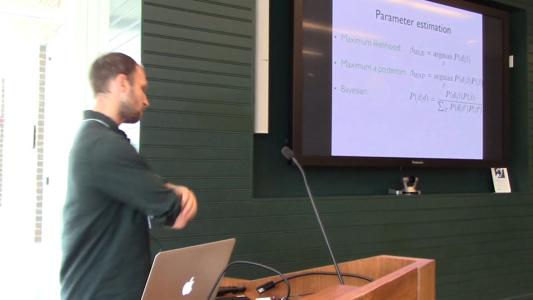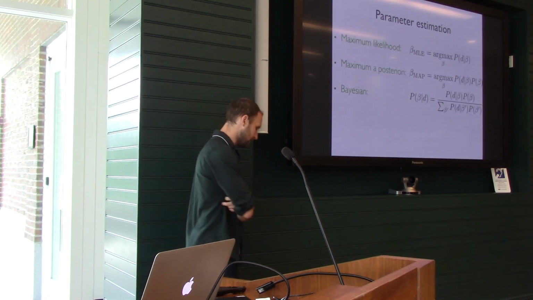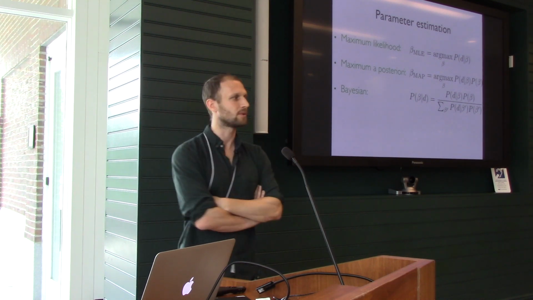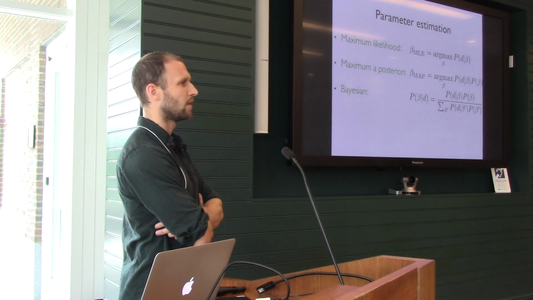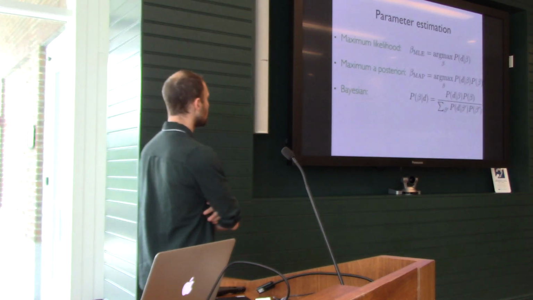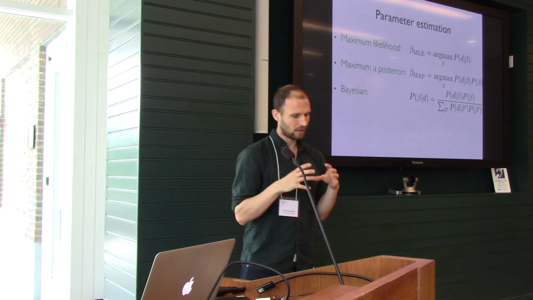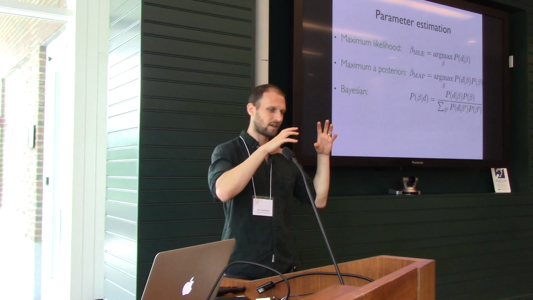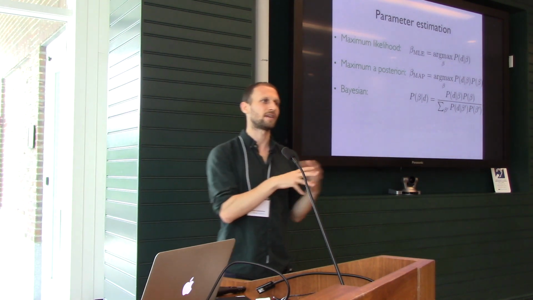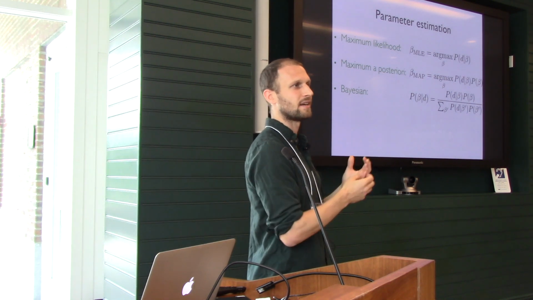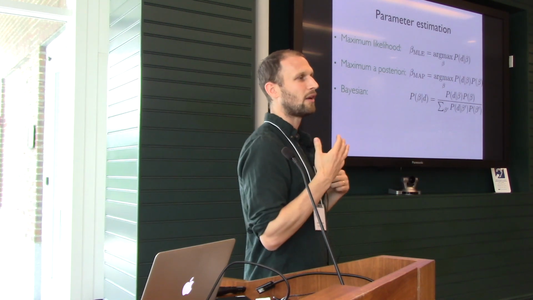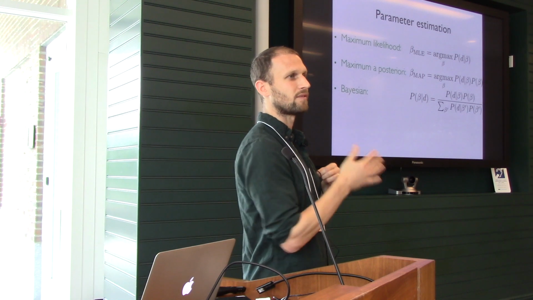All right, so I have my data, I have my hypothesis space of parameters. Now I want to estimate those parameters, and there are different principles for estimation. And again, I want to emphasize that thinking generatively about your data, writing down a generative model, in other words, writing down a joint distribution on parameters and data, is quite separate from how you fit that generative model or evaluate it.